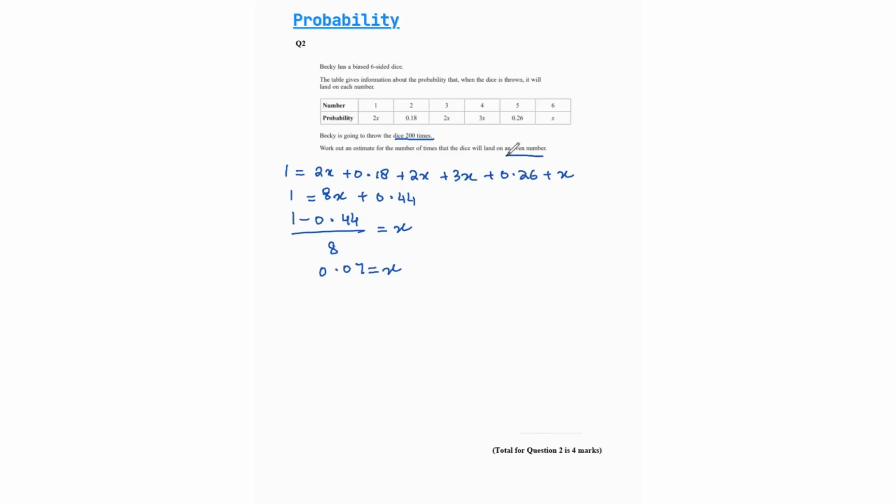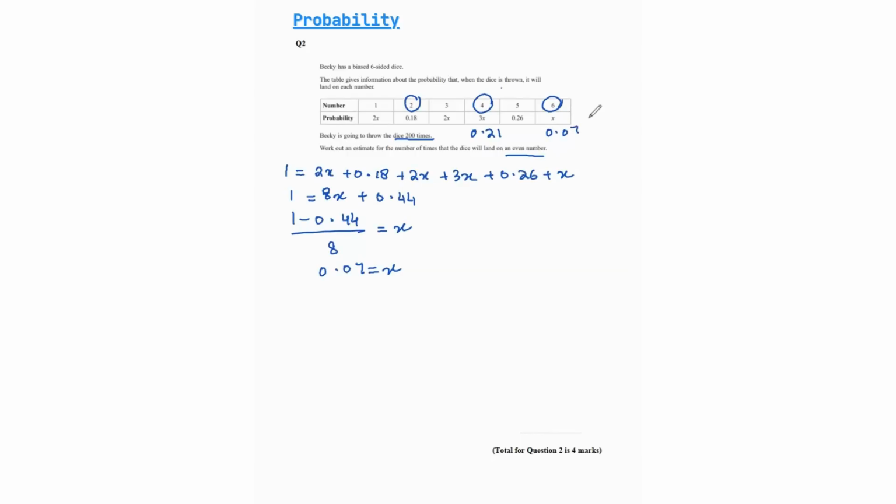Now, Becky is going to throw the dice 200 times, work out an estimate for the times the dice will land on an even number. So even number is 2, 4, and 6. So for this, what we're going to do is that first we're going to find the probability for 4. So that's going to be 3 times 0.07, which is 0.21, and this is 0.07.